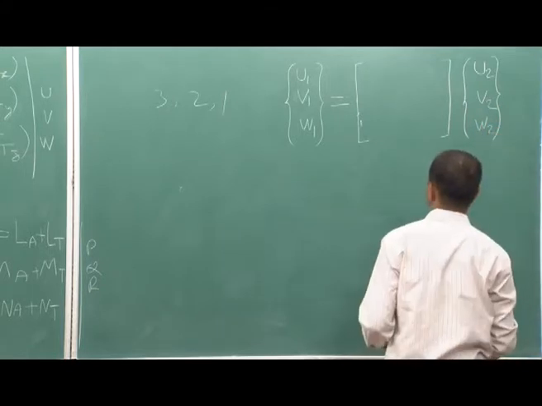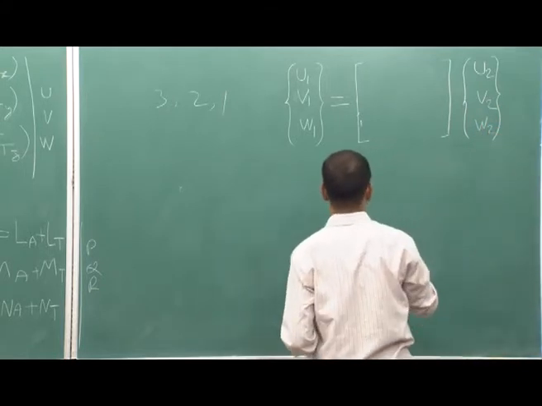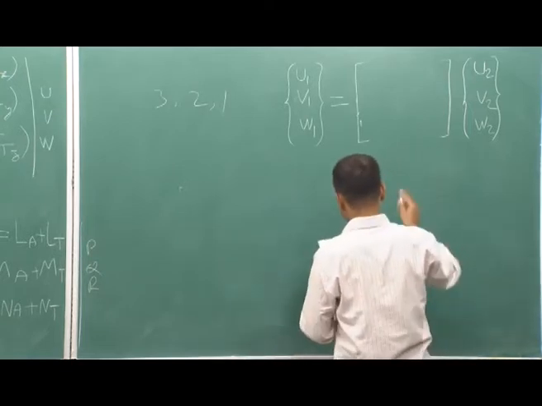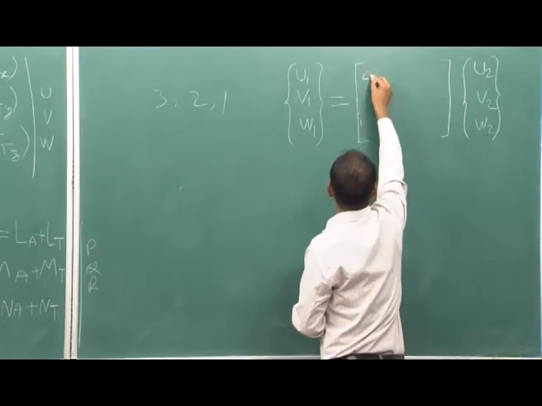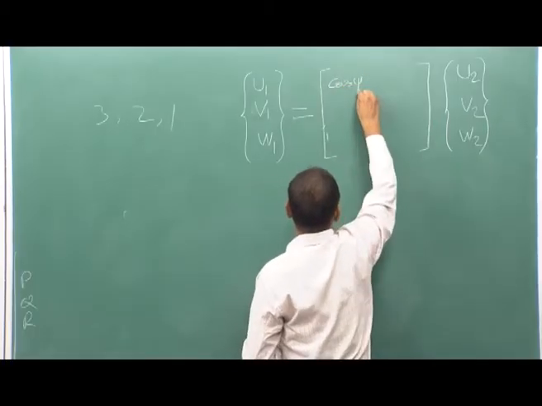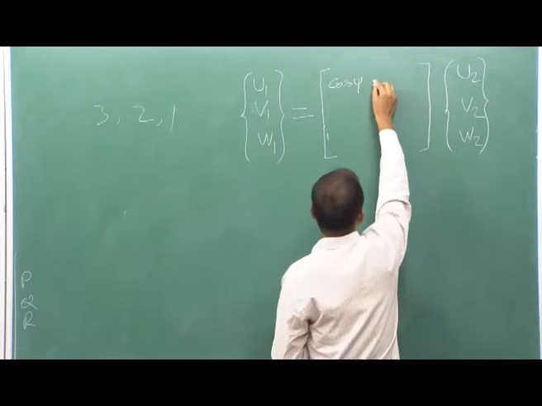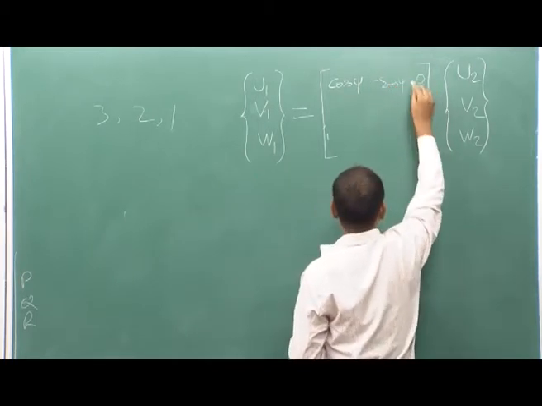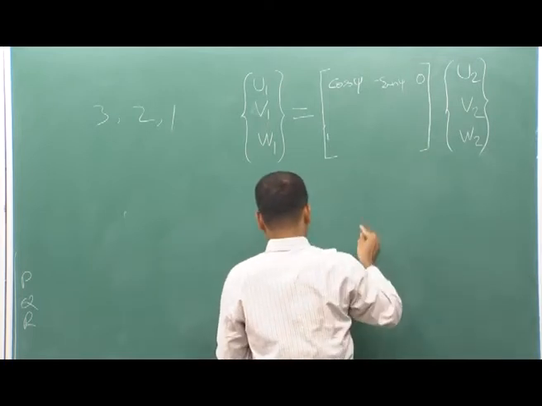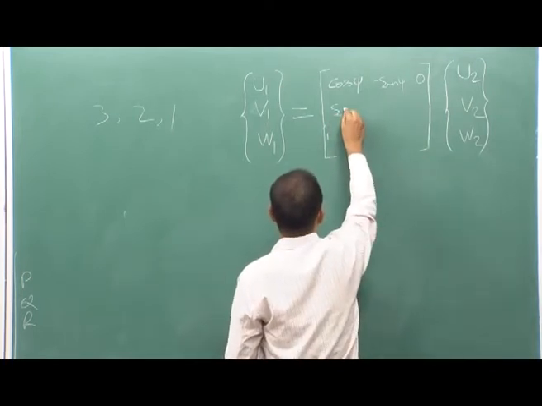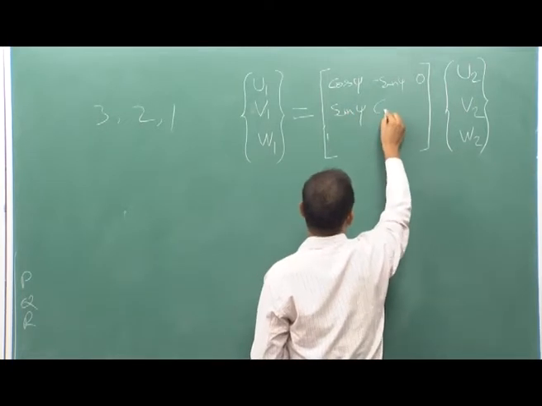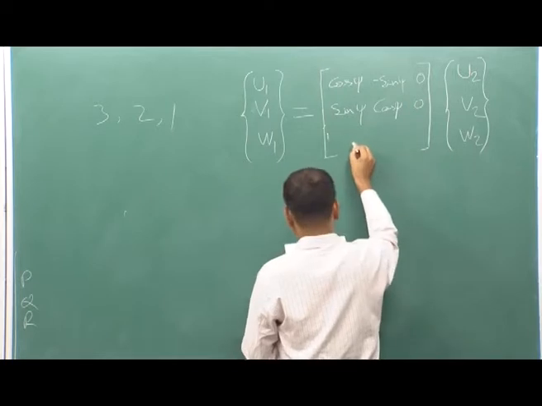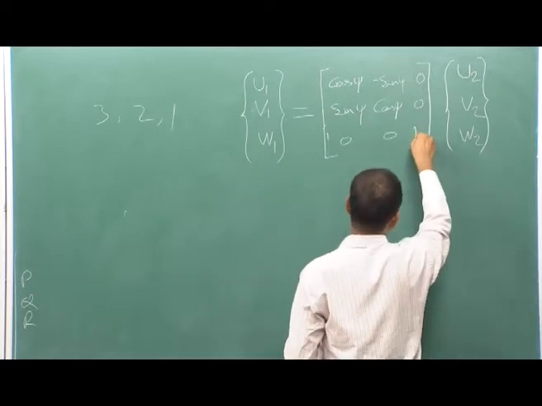This u2, v2, w2 is an intermediate frame, which we got after the rotation psi. We can write this matrix: cos psi, minus sin psi, 0; sin psi, cos psi, 0; 0, 0, 1.